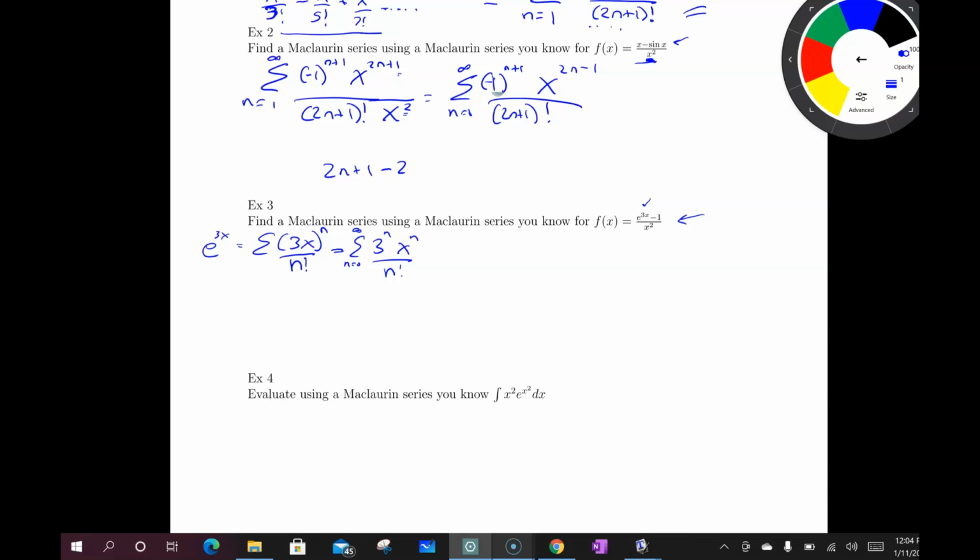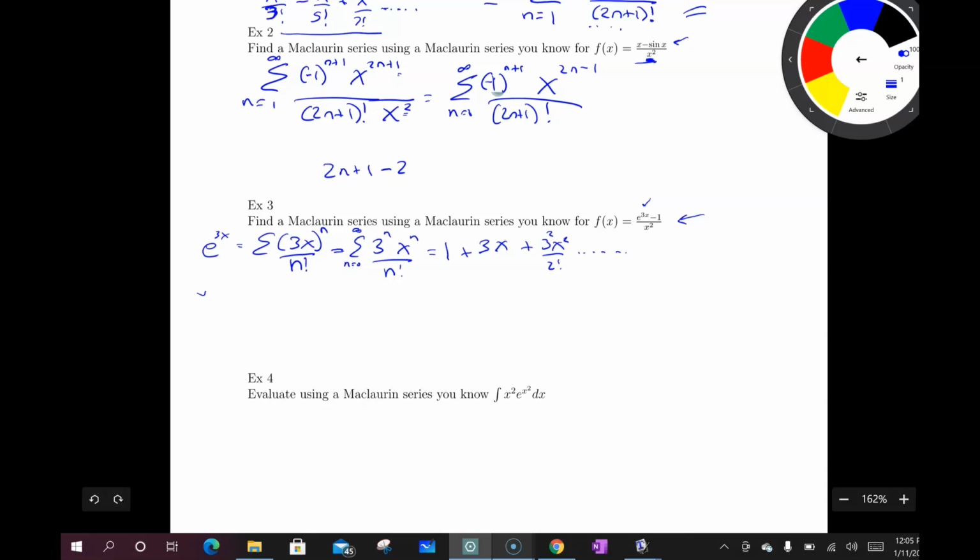Now let's plug in or subtract off 1. So let's plug in the first few terms. So when I plug in n equals 0, 3 to the 0 is 1, x to the 0 is 1. So the first term is 1. Then I plug in n equal 1. So I get 3x over 1 plus 3 squared, x squared, 2 factorial, dot, dot, dot, dot.